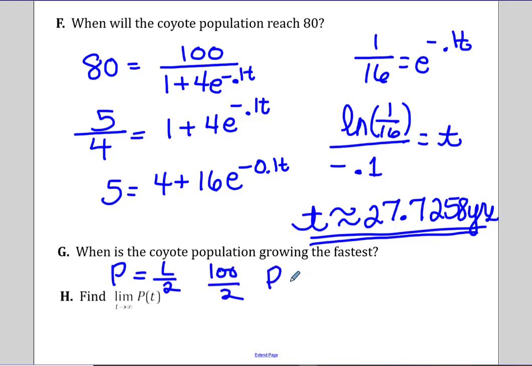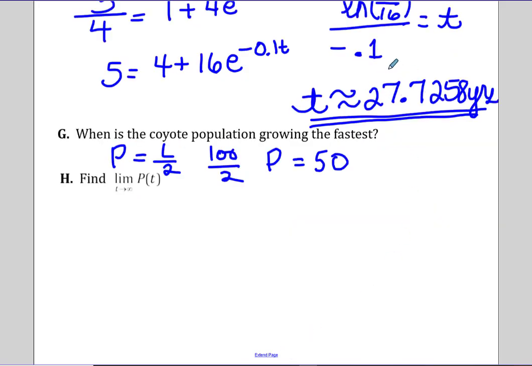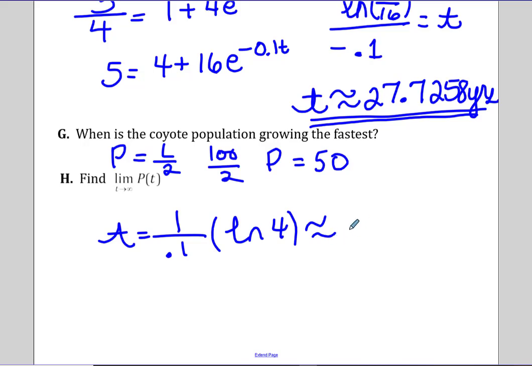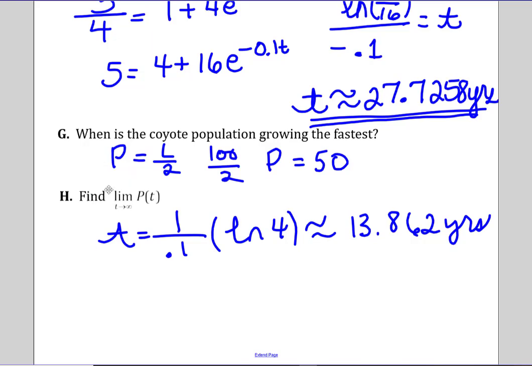So when the population is 50, and we can again substitute into our formula. So t is 1 over a 10th natural log 4. And on my calculator, that looks like about 13.862 years.